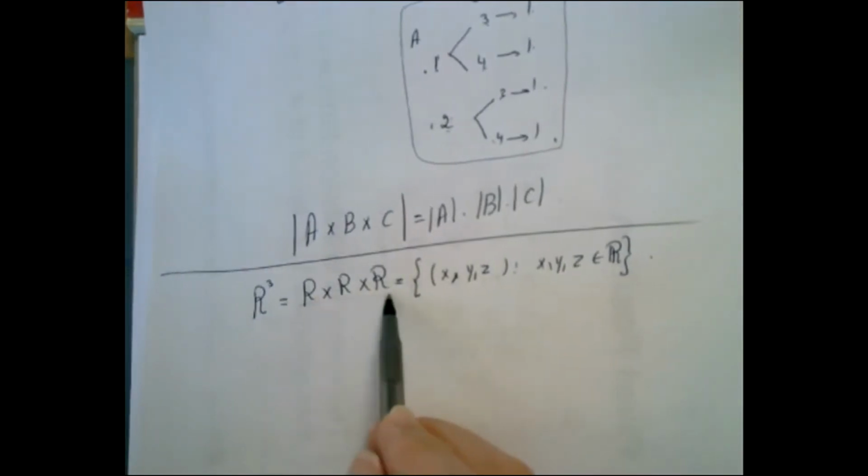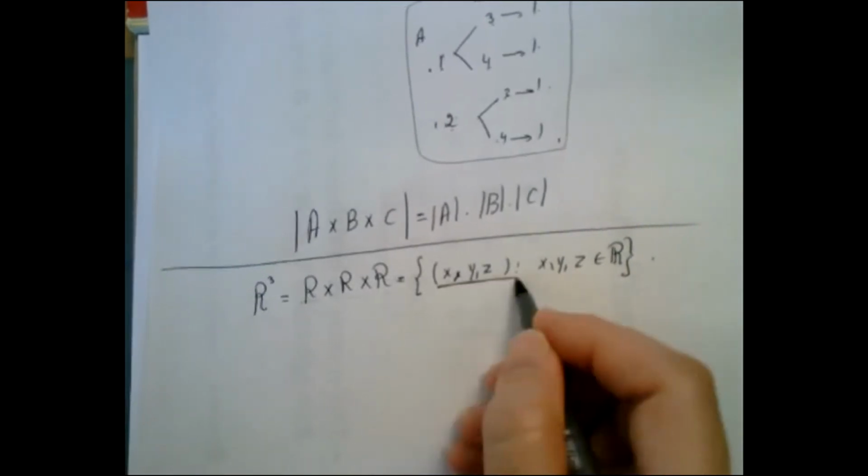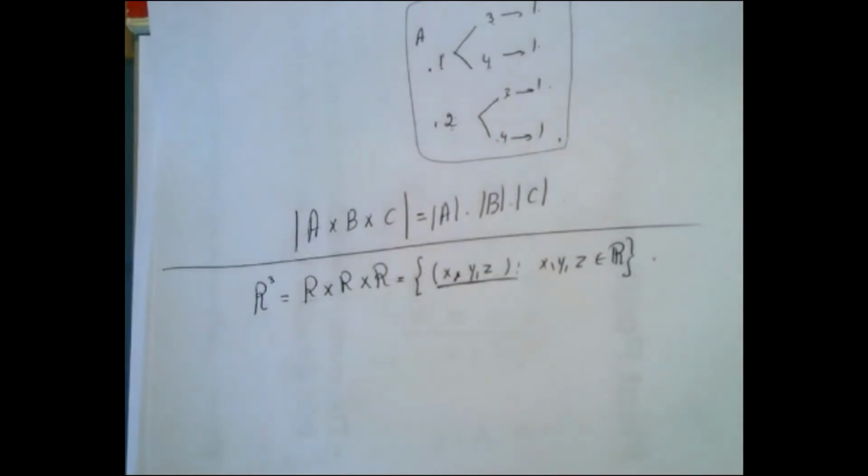So R3 is nothing more than the Cartesian product of R by itself three times.